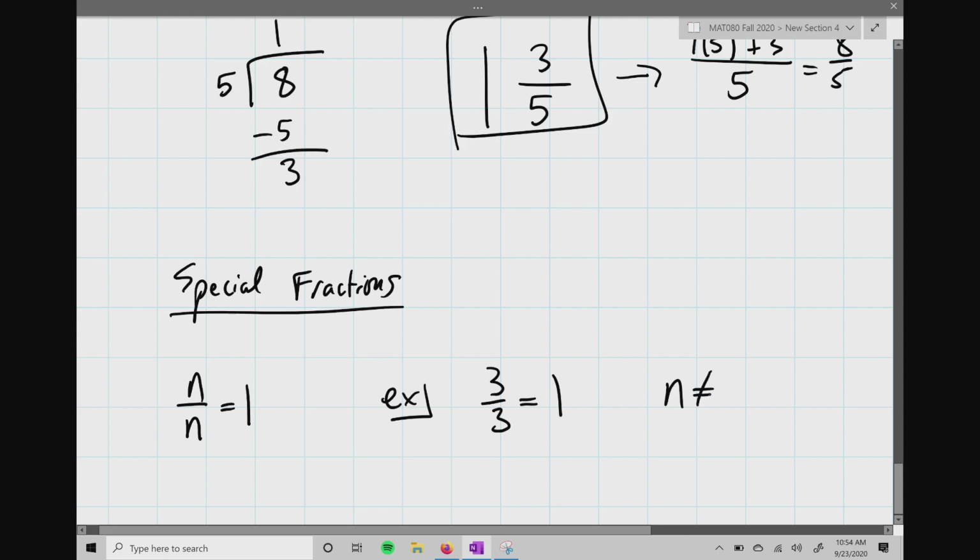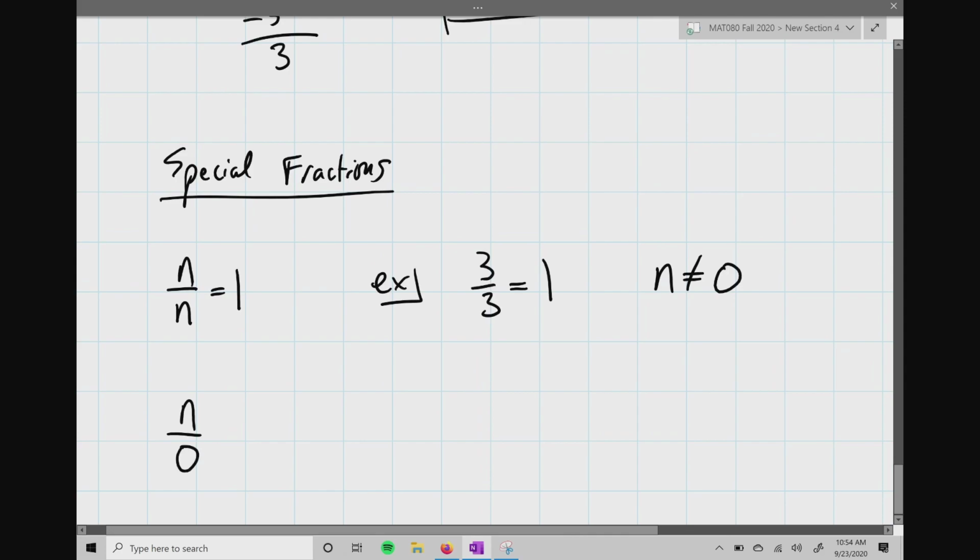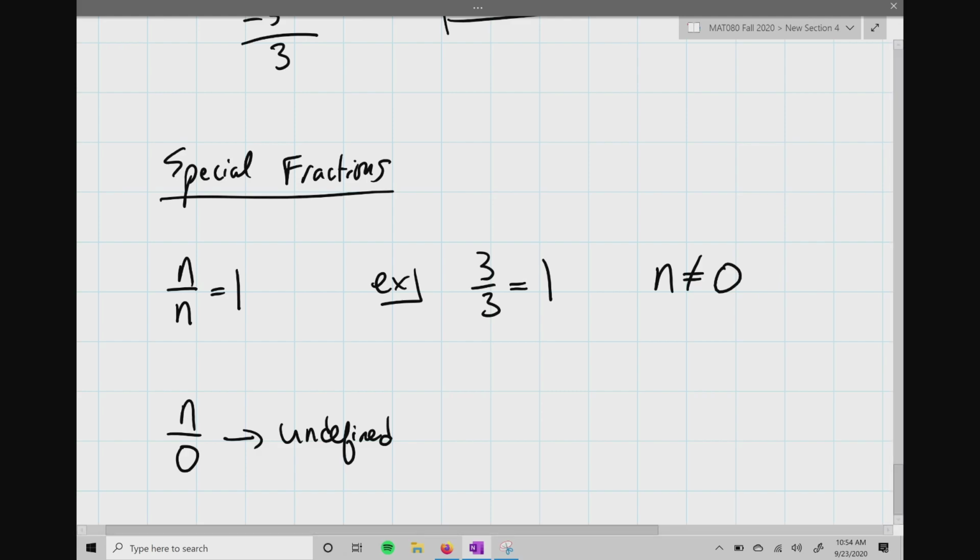N is not allowed to equal 0. Which leads me into the next one I want to talk about. If I have a number divided by 0, that is undefined. That's why n is not allowed to equal 0, because we can't divide by 0.